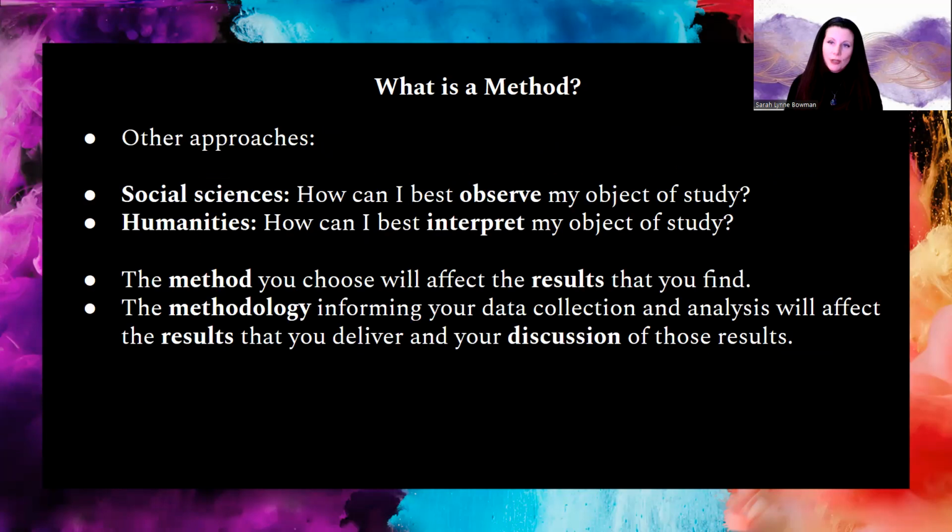So there are different approaches to methods and the way that they look at data. So in the social sciences, one way to think of it is, how can I best observe my object of study? So there's this sort of almost detached and observational stance to the object of study.